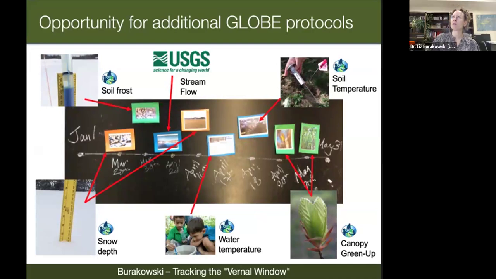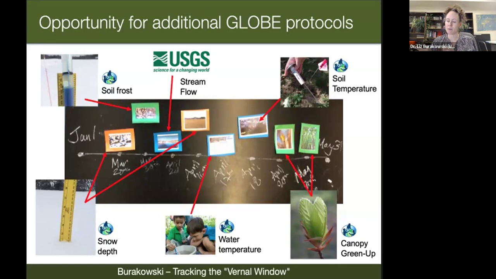Yeah, it will affect the accuracy. So you can say that the snowpack disappeared on or about April 20th, plus or minus 3 days, something like that. There'll be a little bit of wiggle room, and that gets added on to the length of your vernal window. Similarly, if you're not tracking bud burst every single day, bud burst might happen on a day that you're not measuring, and then the day you come back, it's there.